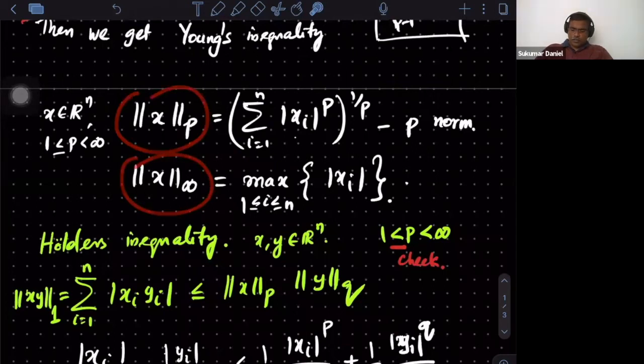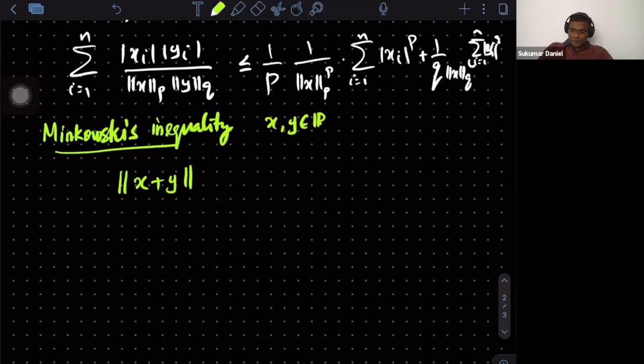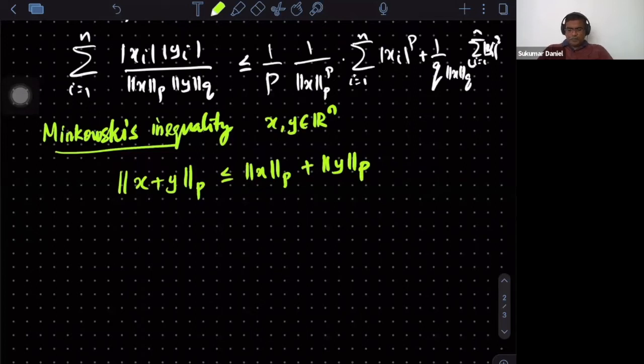So with respect to this p norm and infinity norm definition, all it says is if I take x plus y. Remember, this is a valid object in Rn. And if I take any p, it is about the same p.